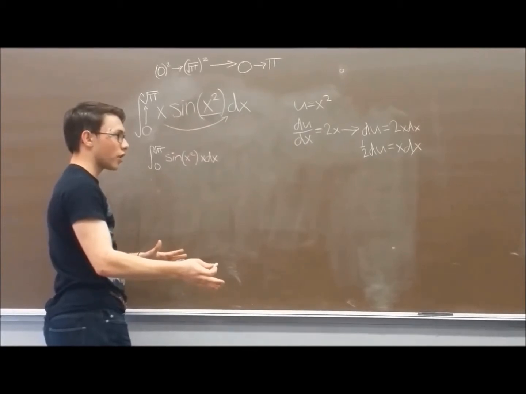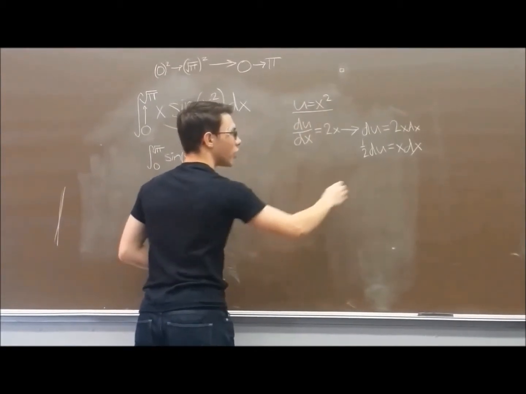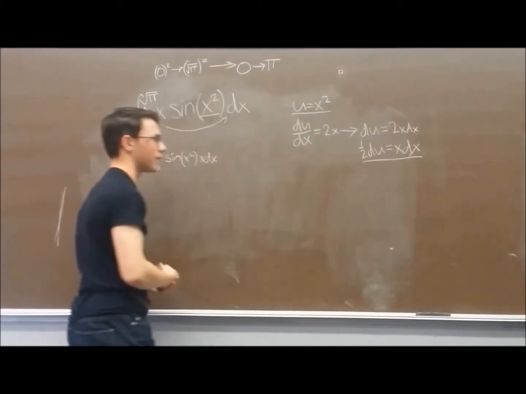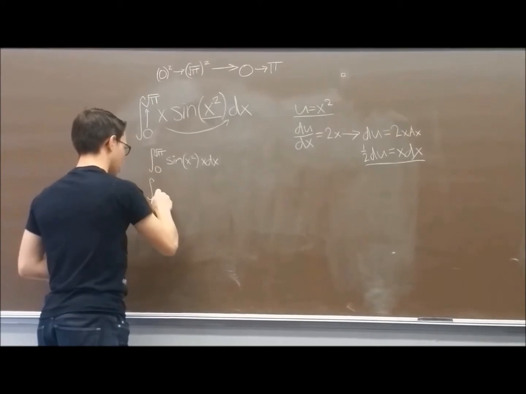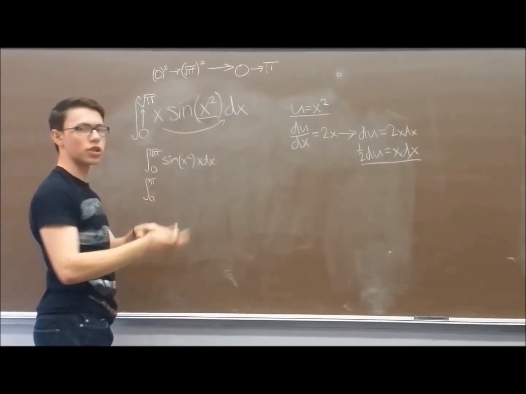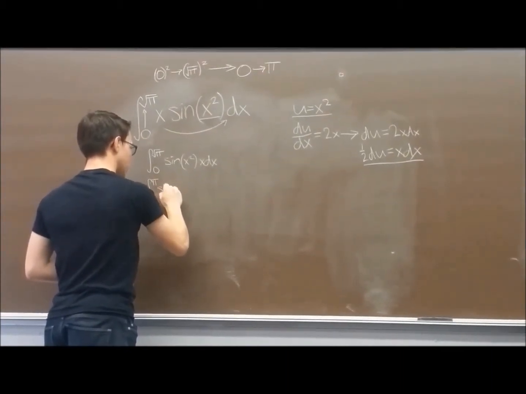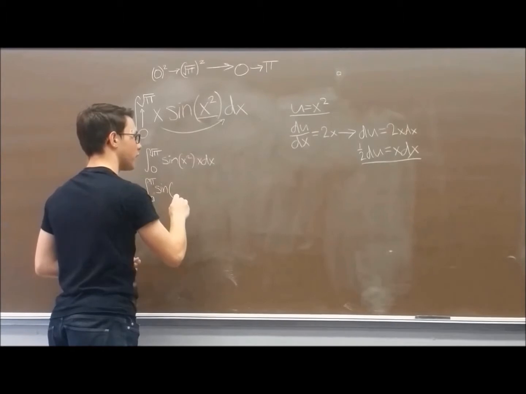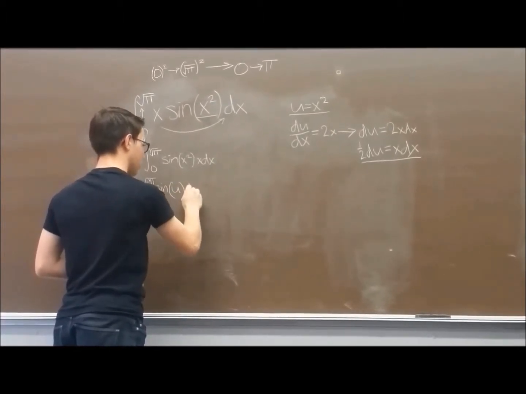Let me draw your attention back over to here, in which we've established that u equals x squared and that x dx equals 1/2 of du. That lets us go from 0 to pi now, because we're subbing in the u values and we've moved out of the x value range, so it equals the integral of sine of u times 1/2 du.